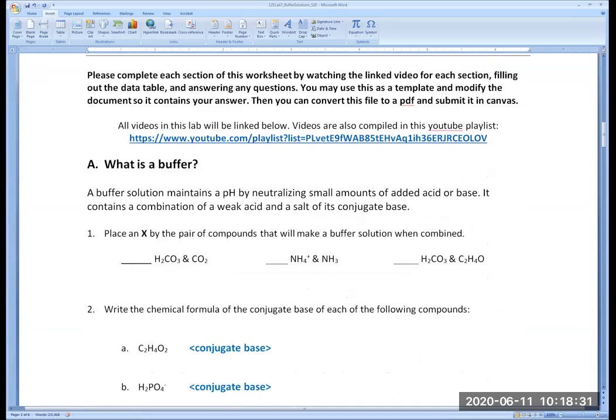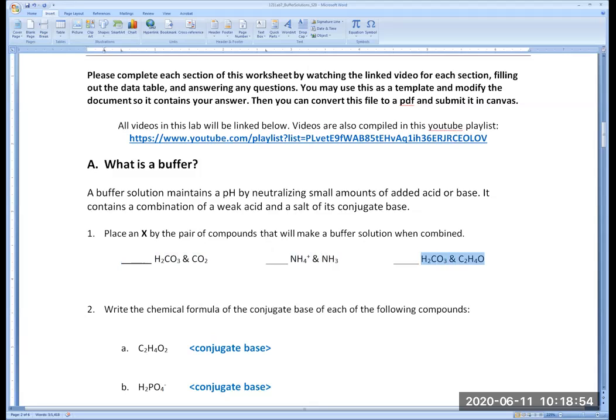For question 1, select out of these 3 pairs, H2CO3 and CO2, NH4 plus and NH3, or H2CO3 and C2H4O, which pair do you think can make a buffer?